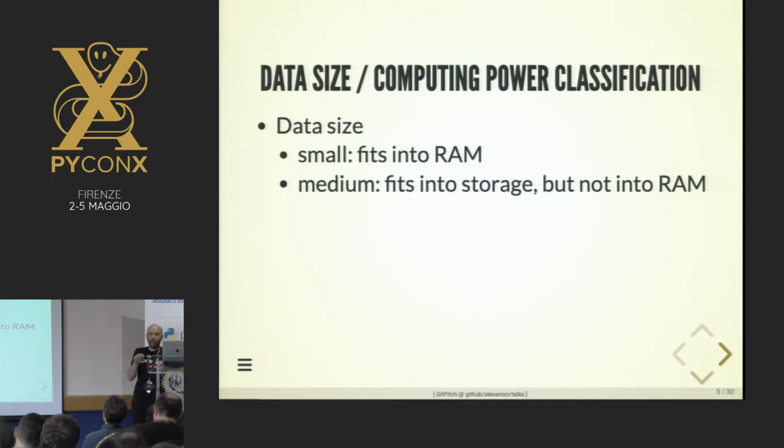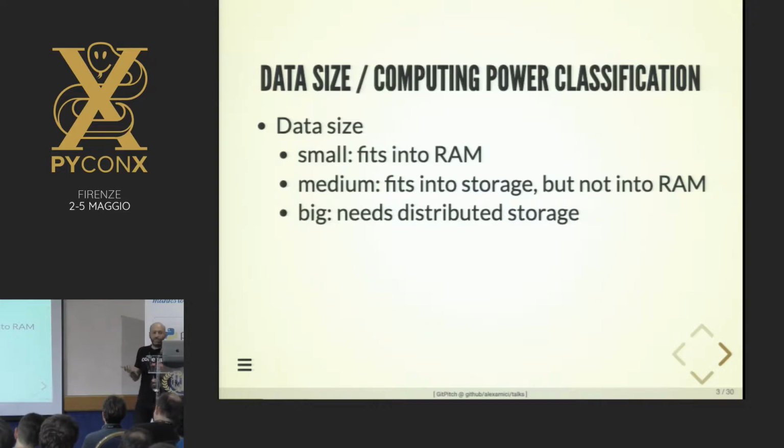So you need to start doing tricks because you cannot go straight forward with load data, process it, save it. And then there is this concept of big data where it doesn't even fit your storage. So you need really to use distributed storage and then distributed computing and so on.